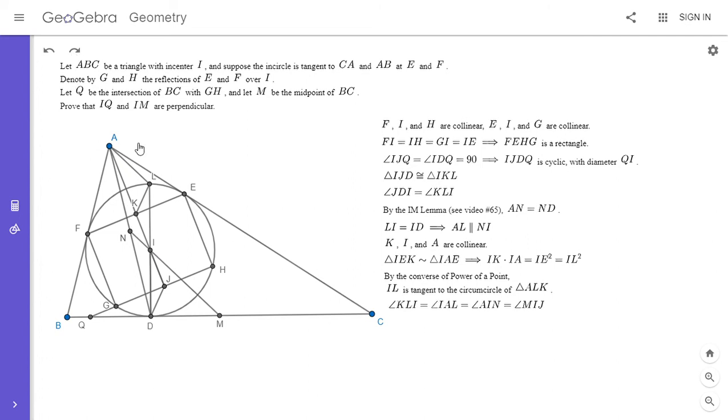But now we're solving the last piece of the puzzle. So now it's all downhill from here because we have angle KLI is equal to angle IAL. And IAL, well, since AL is parallel to NI, IAL is equal to angle AIN, and angle AIN is equal to angle MIJ.